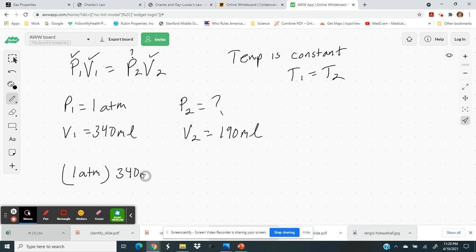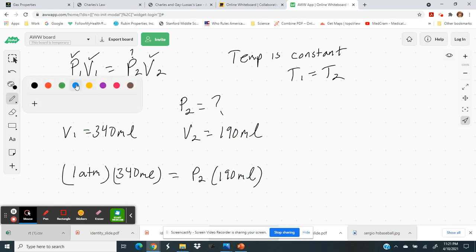This equals P2, which we're looking for, so I'll leave it as P2, and V2 is 190 milliliters. I'm putting parentheses so we can differentiate them. Once again, this is P1, this is V1. We multiply them together, and that equals P2, what we're looking for, times V2.